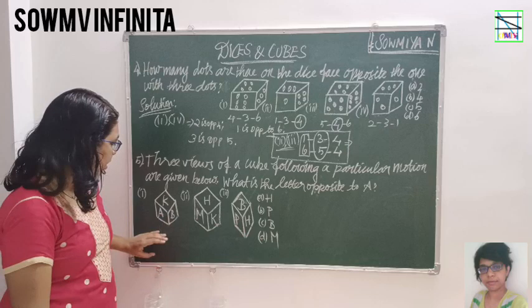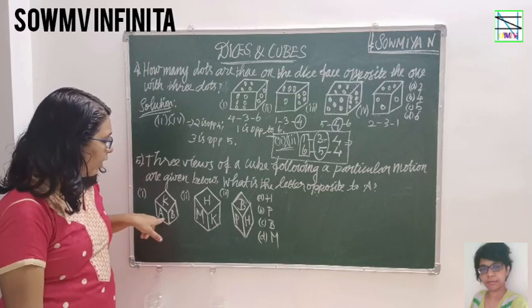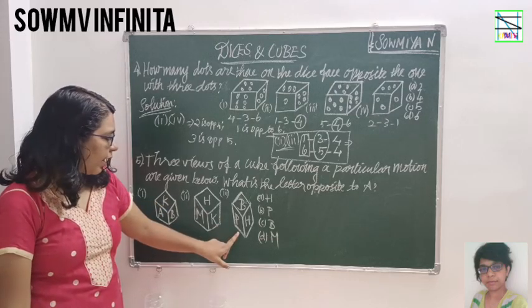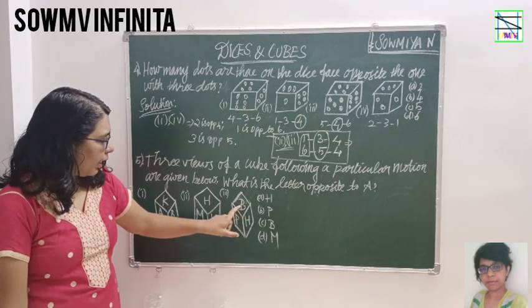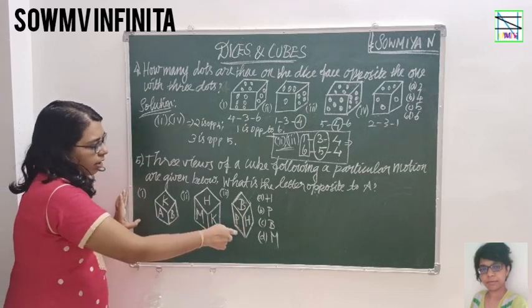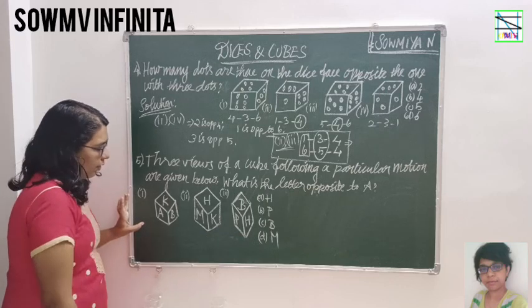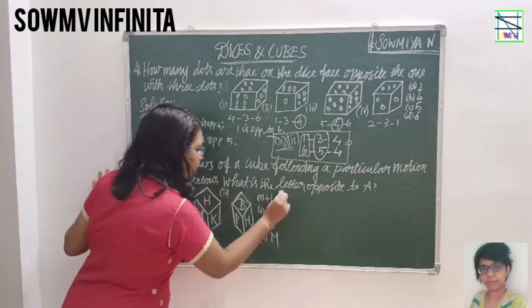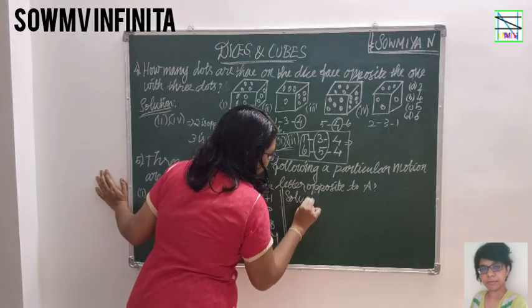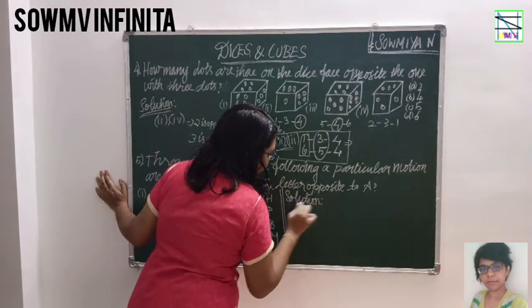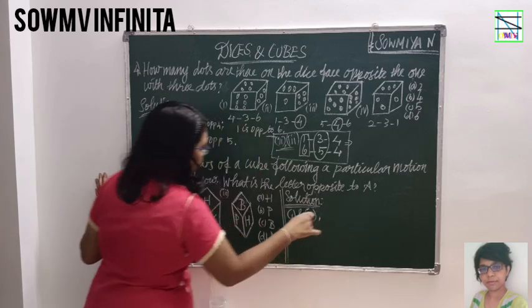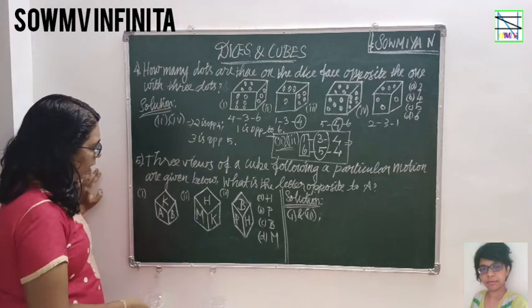We go for the first one, which has A, B, K. The third one has B, H and P. We start from these dice, the first and third.